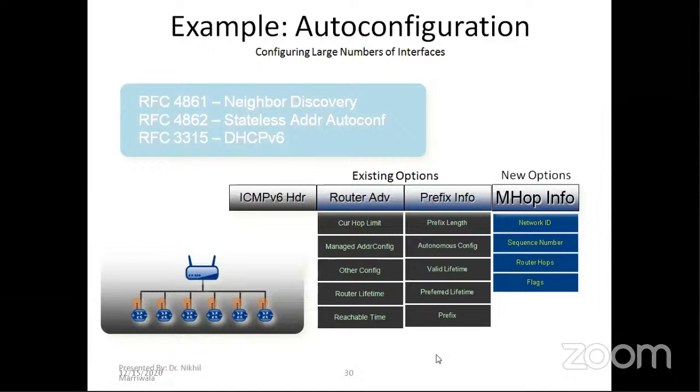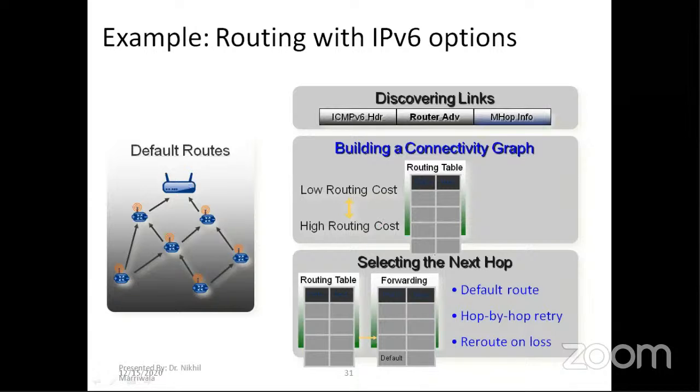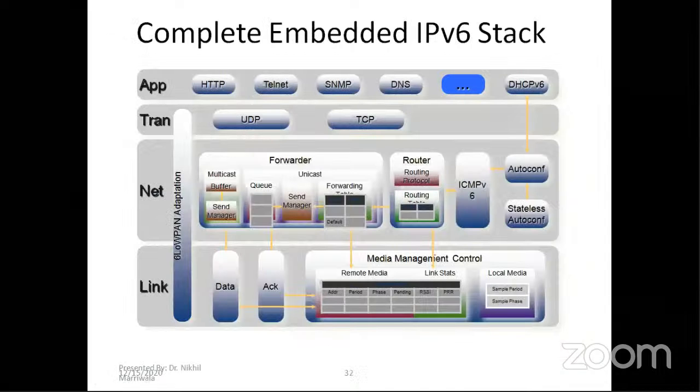Neighbor discovery is done by DHCP, right? So again, these are some of the examples where routing is utilized with IPv6 right now. IPv6 can be a pretty interesting thing for all of us, compared with IPv4 addressing, right? Building a connectivity graph and then selecting the next hop might be something that can be done easily with IPv6.